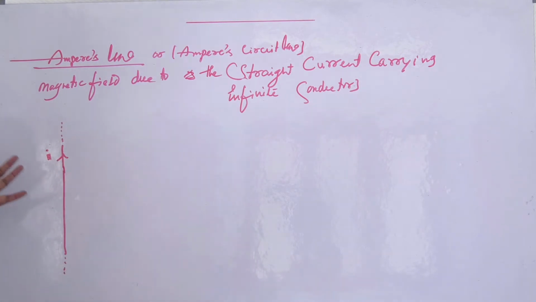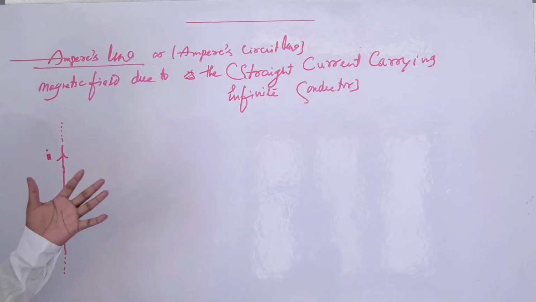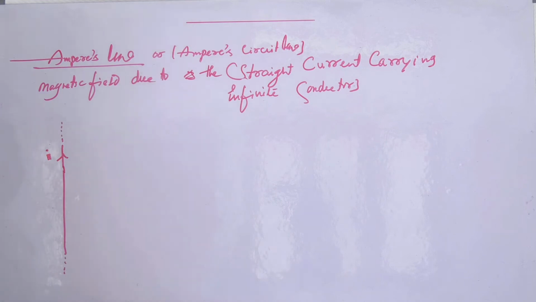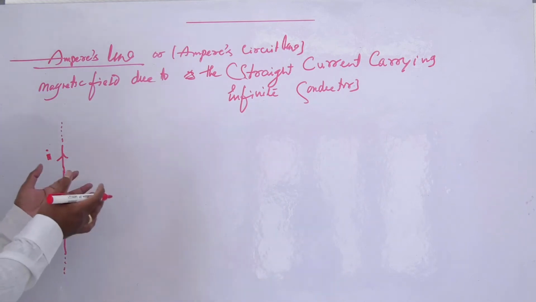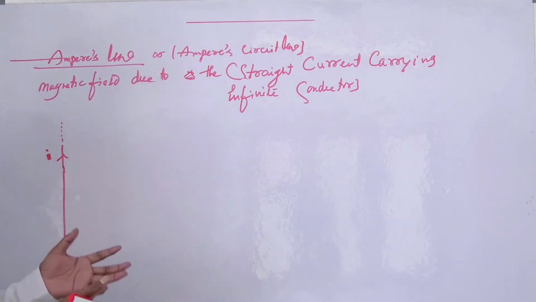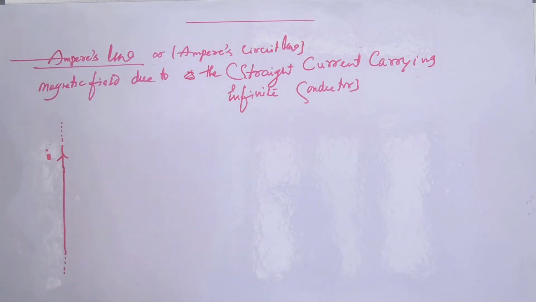Around this conductor, some magnetic field is created. Very basic: the magnetic field is because of current. So naturally, the magnetic field is directly proportional to the strength of the electric current. If the strength of the current increases, the magnetic field also increases.